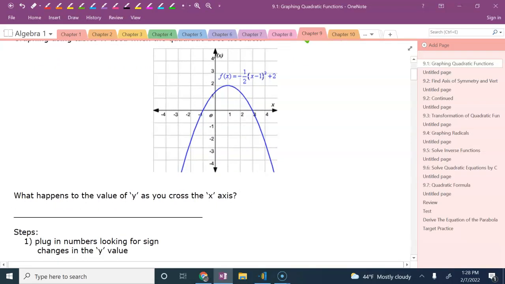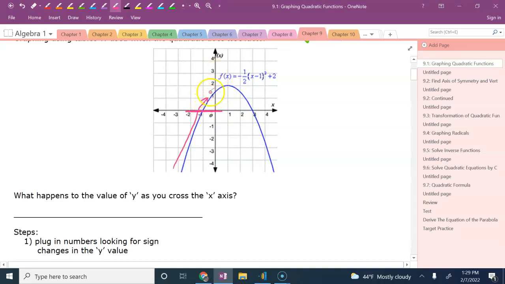It wants to know what happens to the value of y as you cross the x-axis. If you're following the graph going up this direction and around the top, all of these y values down here are negative, negative, negative, negative, but as soon as they pass the x-axis, they turn to positive, because now we've got positive 1, positive 2, positive 3.